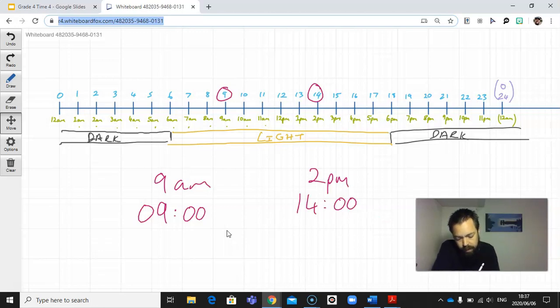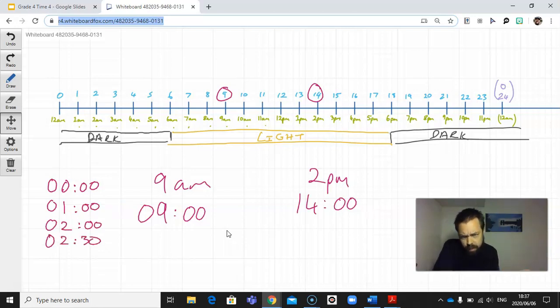So 0900, and midnight in 24-hour time is 0000. 1 o'clock is 0100. 2 o'clock 0200. 2:30 would be 02:30. The minutes work the same, whether you're using 24-hour time or 12-hour time.